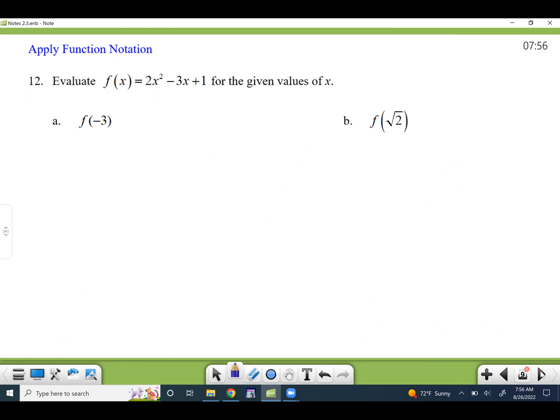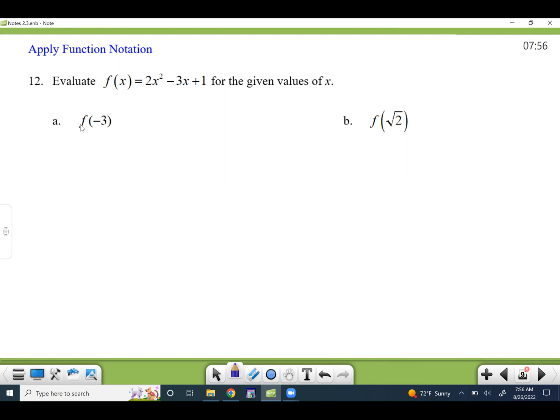And applying function notation. So I know we've been conditioned that parentheses mean multiply, but this notation does not mean to multiply. When you see a letter like F, G, and H specifically, they like to use those a lot. In calculus, we put a V for velocity or A for acceleration.